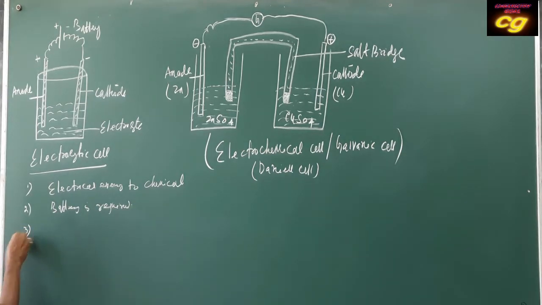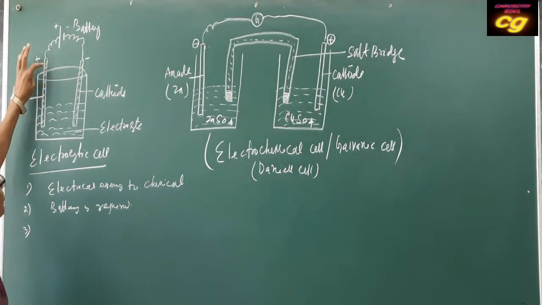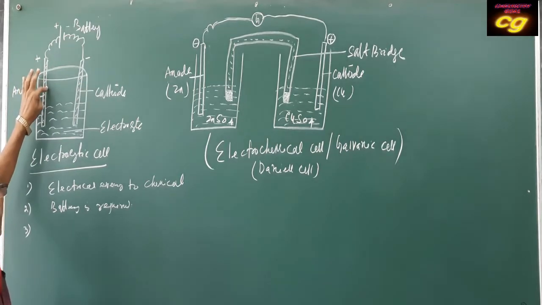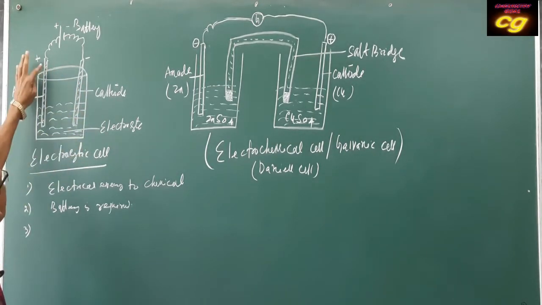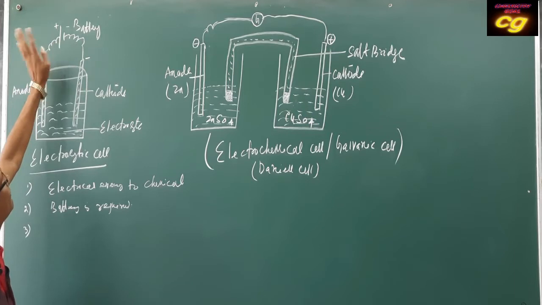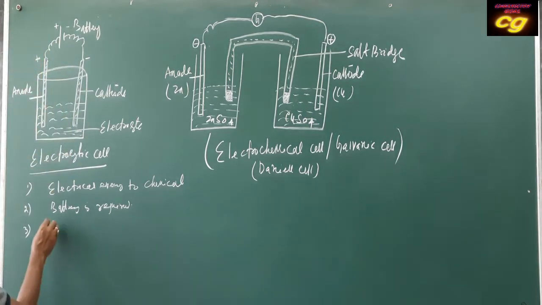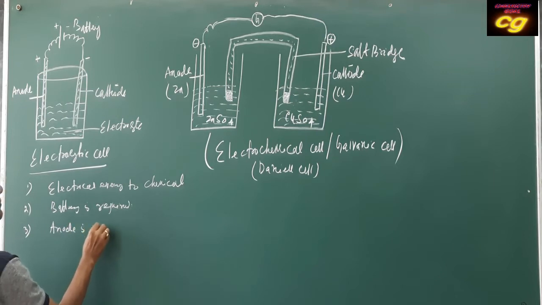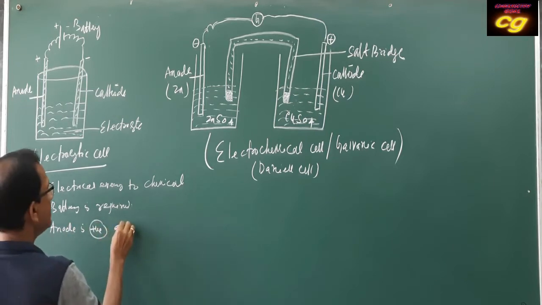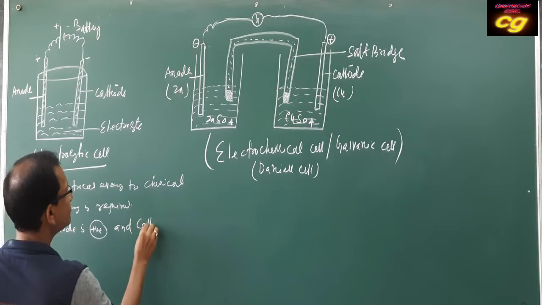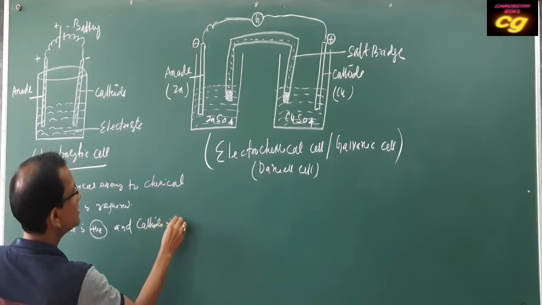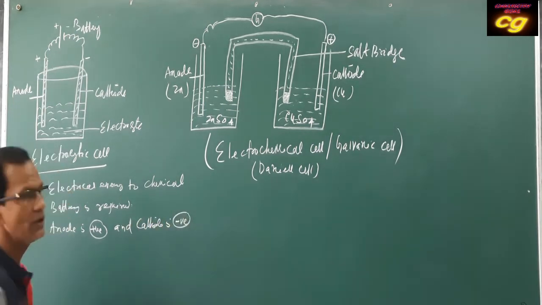Then another thing is, two electrodes are required, one is the anode, another is the cathode. The anode must be connected to the positive terminal. So the anode is positive here, and the cathode is negative. It is very important.